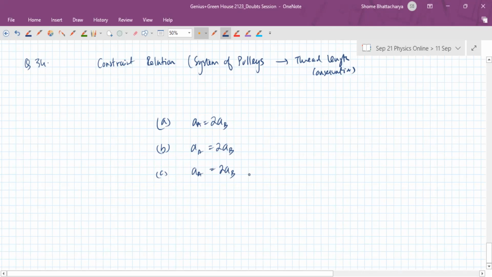Or actually, in this case, when you solve, you'll get acceleration of A equal to acceleration of B equal to 0. Because they are 2 and 1 kg... no, sorry, it won't be like this. In fact, what you will get is that A is going down, B is going up.